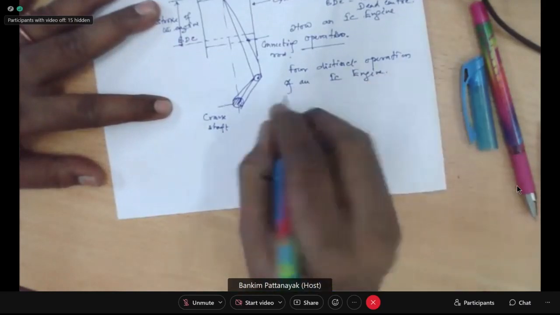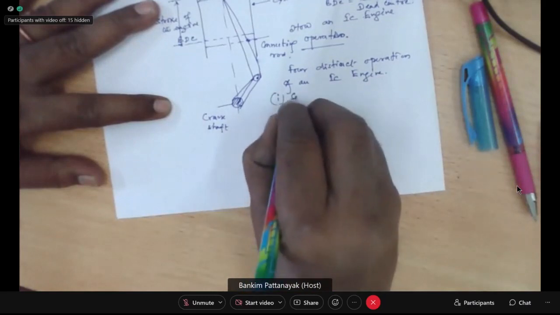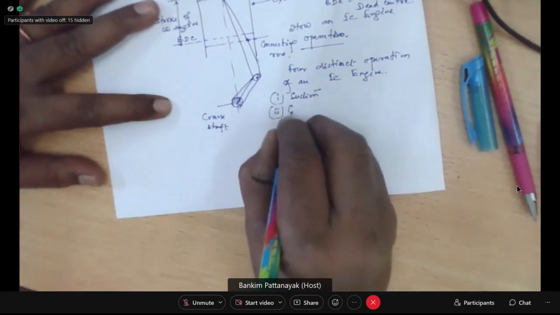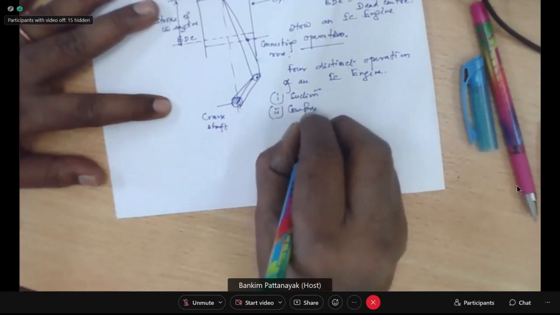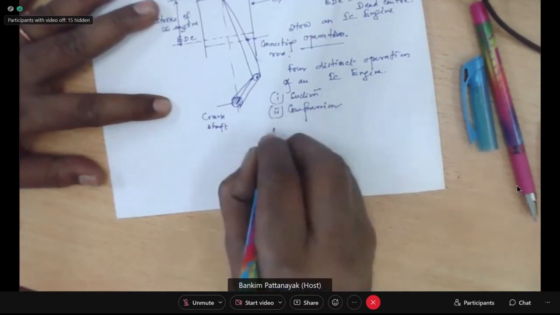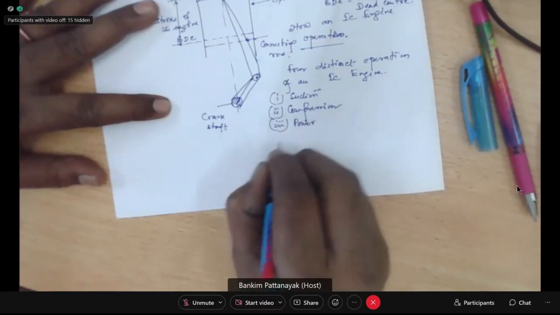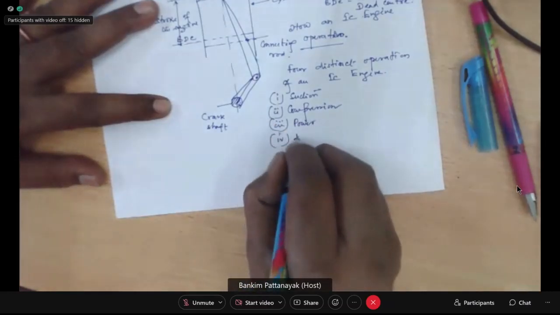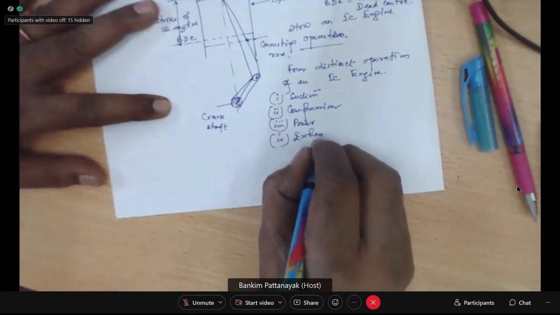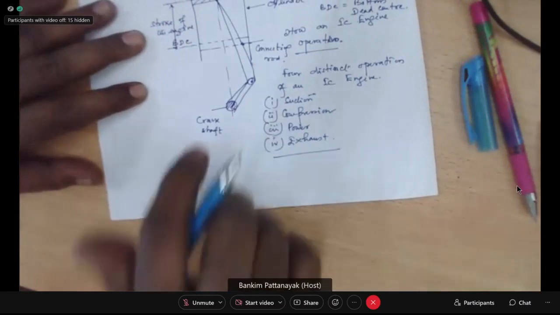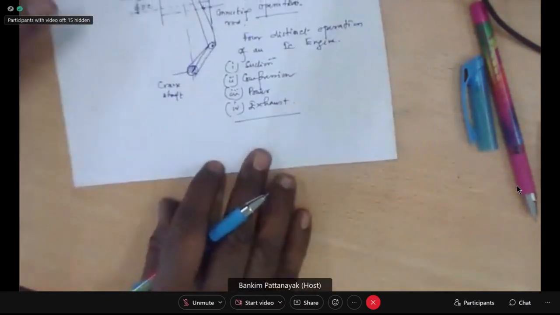These four operations are number 1 suction, number 2 compression, number 3 power, number 4 exhaust.